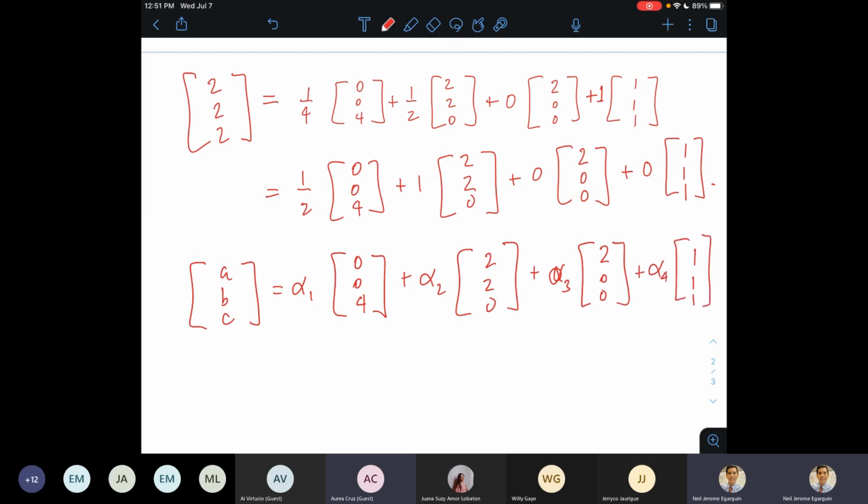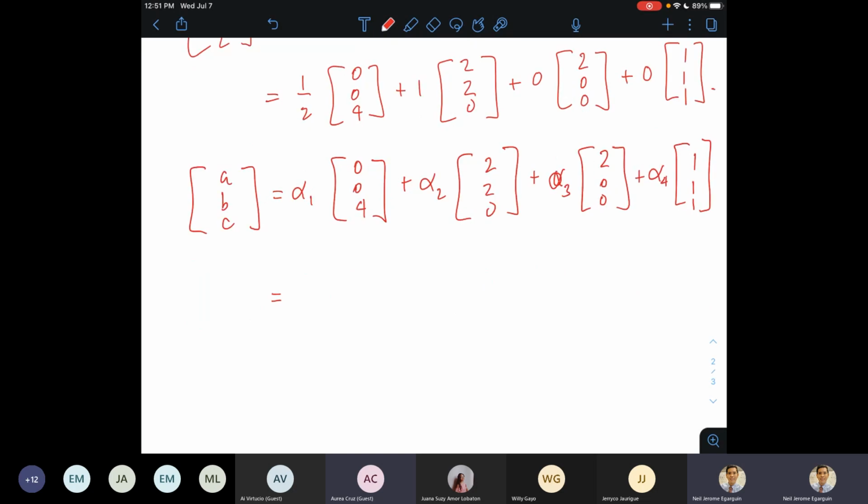Then I can do this also with beta, and then equate alpha and beta. So you show that they are equal.